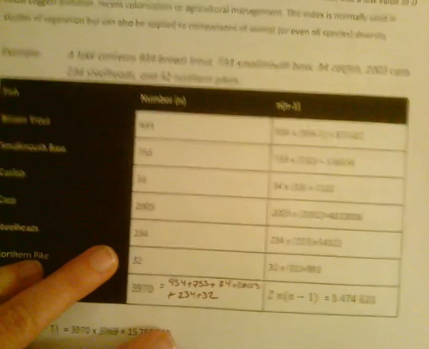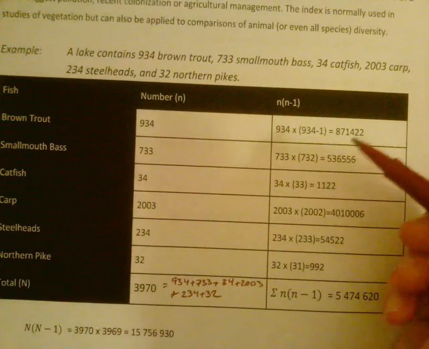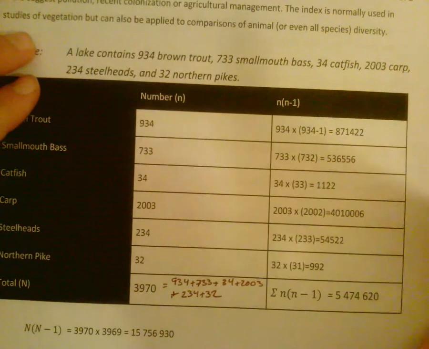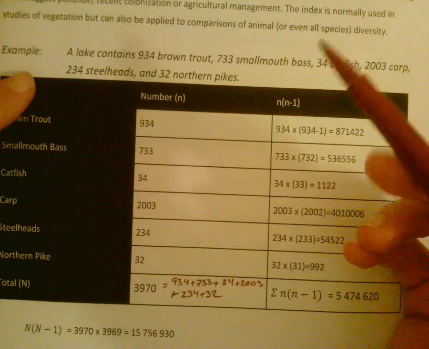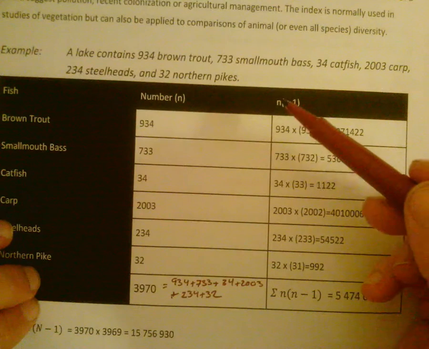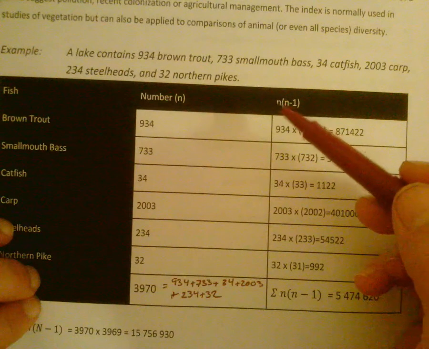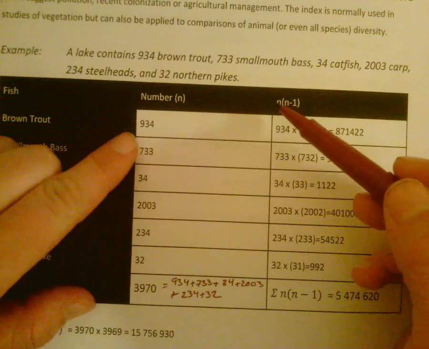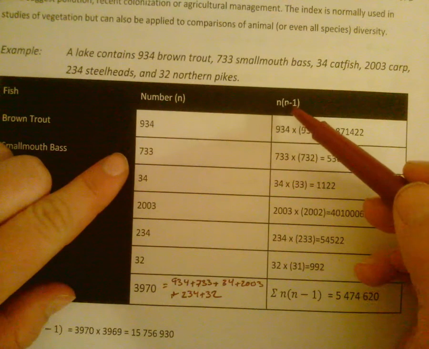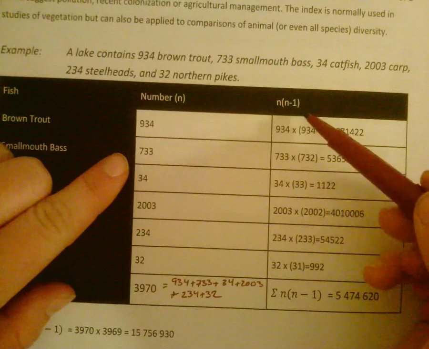Okay. Then our other column. So we're starting the calculation so that we have that sum for our denominator for the calculation for diversity for the Simpson index. So if you look, we're trying to calculate the lowercase n, which was the number of individuals of each species, times the number of individuals of each species minus 1.